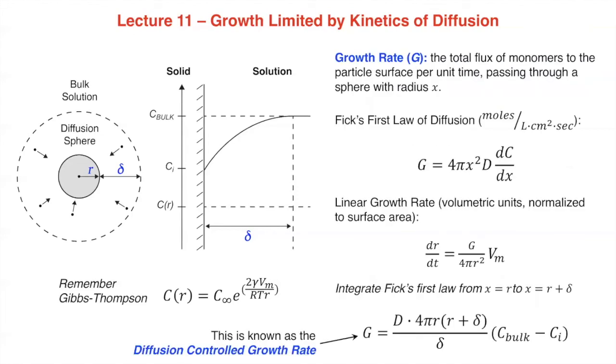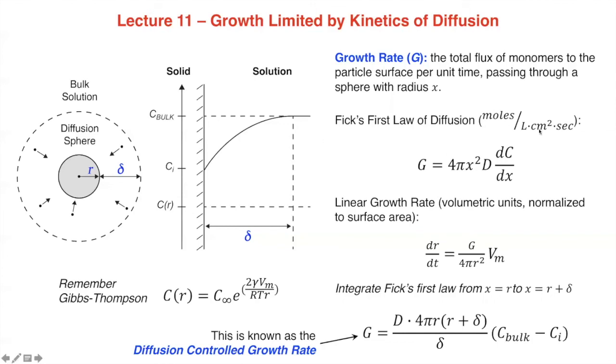So you can express the growth rate of that crystal in terms of the flux of monomers reaching the particle surface per unit time, or more generally as the flux of monomers passing through a sphere with radius x. Okay, so this is Fick's first law of diffusion.